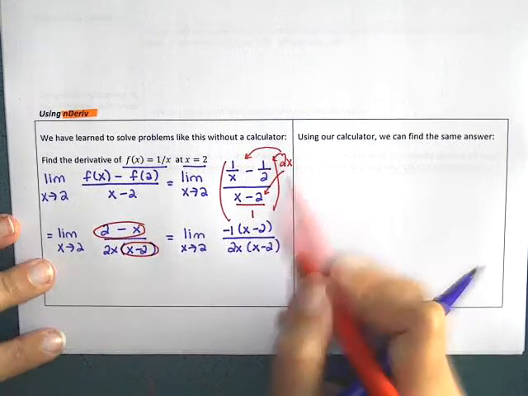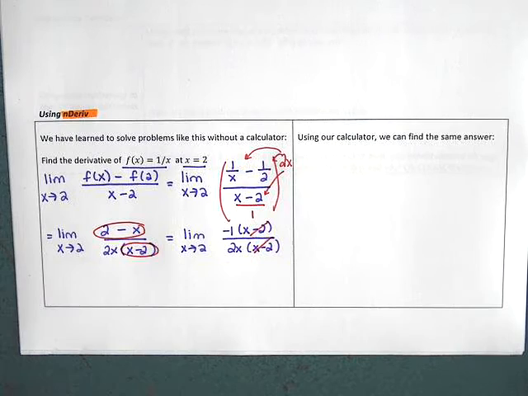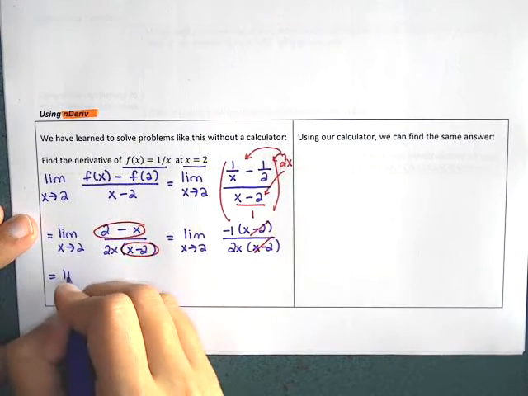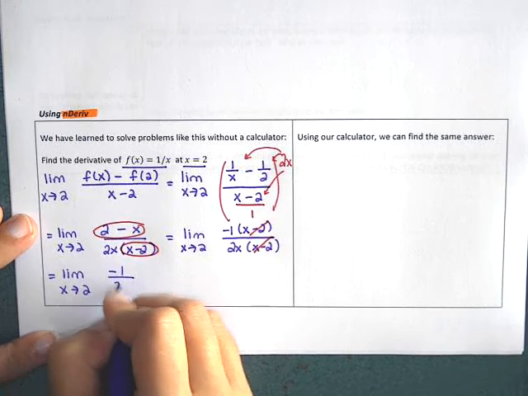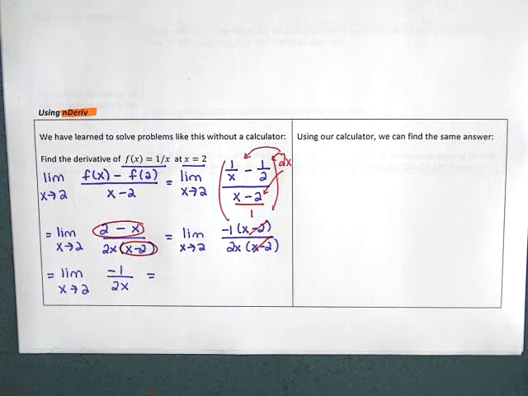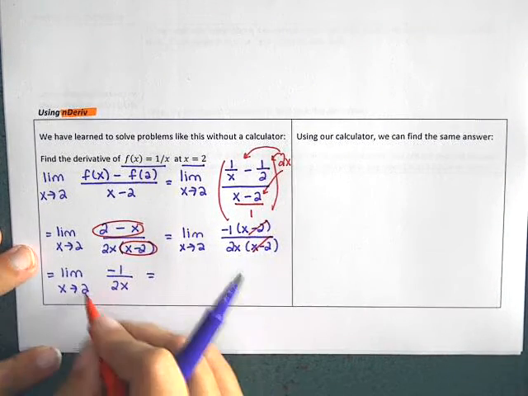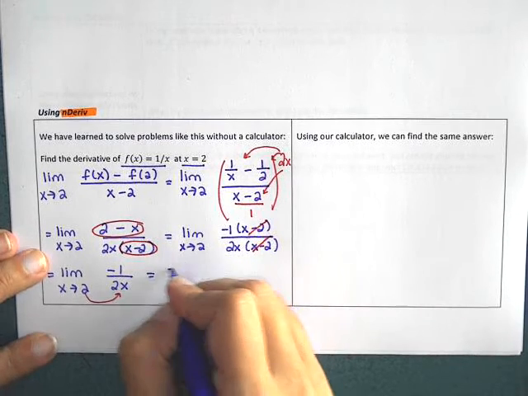So if we cancel the x minus 2's, we get the limit as x approaches 2 of negative 1 over 2x. Now we can just plug in our 2, and we get negative 1/4.